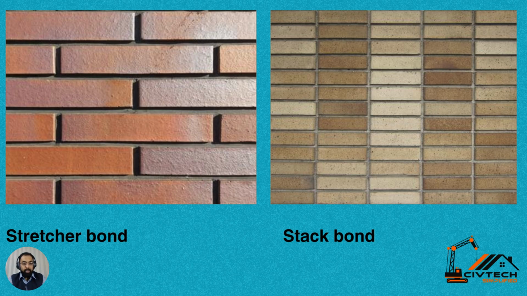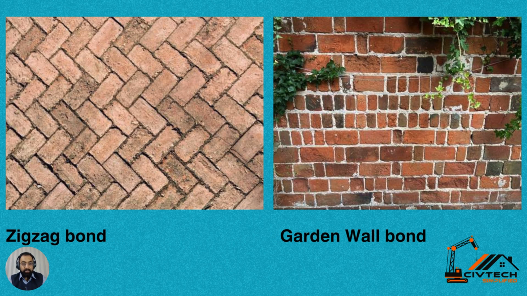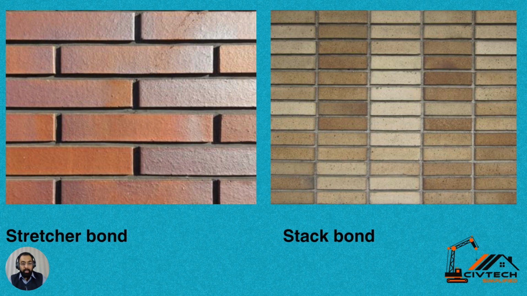You can see in this picture, this is called stretcher bond on our left, and on our right it's the stack bond. Stretchers, as we discussed in the previous question, are the bricks which are laid parallel to the face of the wall.